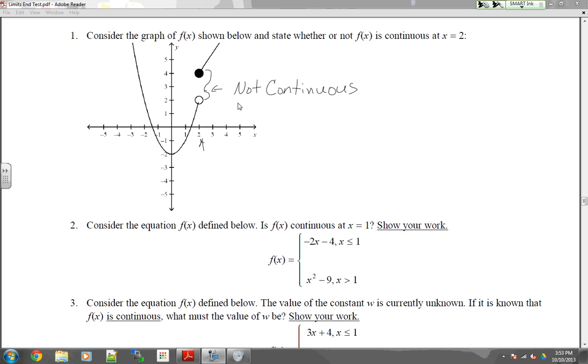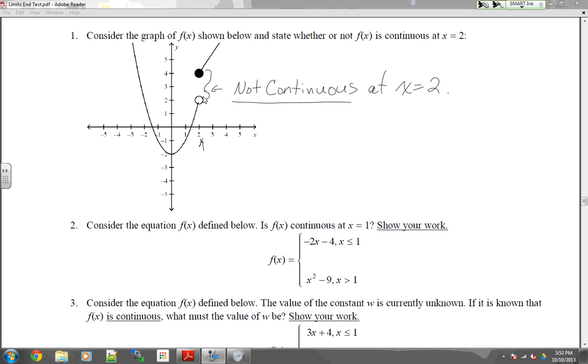It is not continuous at x equals 2. If you remember back to the videos, when you have gaps, jumps, holes, anything like that, it is not continuous.